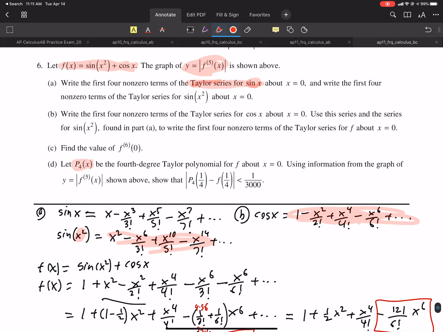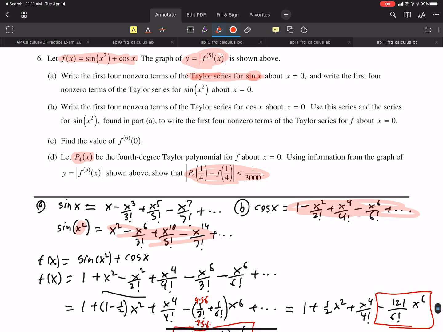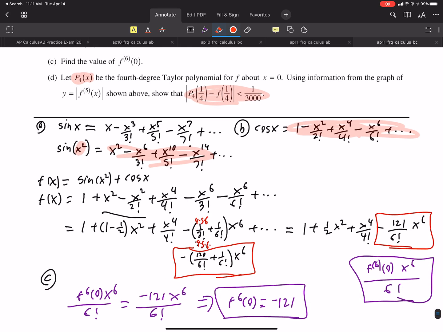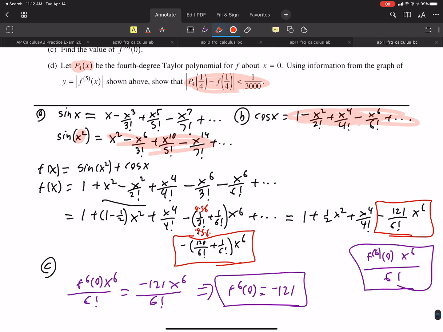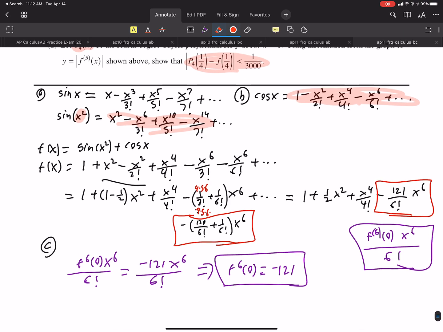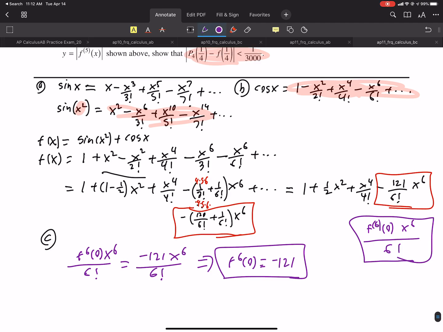You have a 4th degree Taylor polynomial, and you want to show the error is less than that. So this is not an alternating series. Therefore, the error is bounded by the maximum of the next term. Let's go to blue.